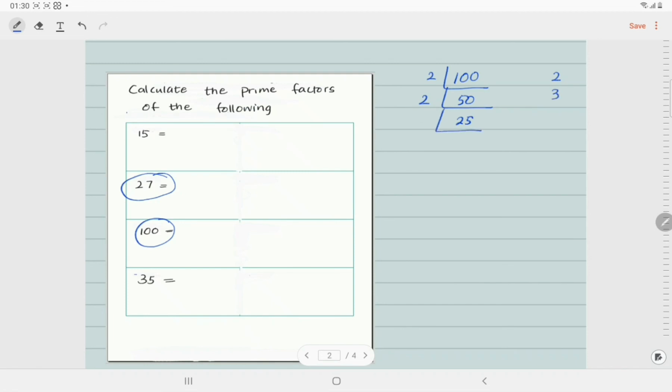So I'm moving to the next number. Can I divide 25 by 3? No. So I have to move to the next number, 5. So 25 divided by 5 would be 5. And again you can divide by 5 and you get 1. So the prime factors for 100 would be 2 times 2 times 5 times 5.